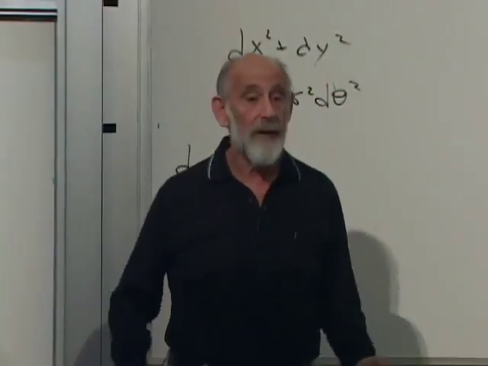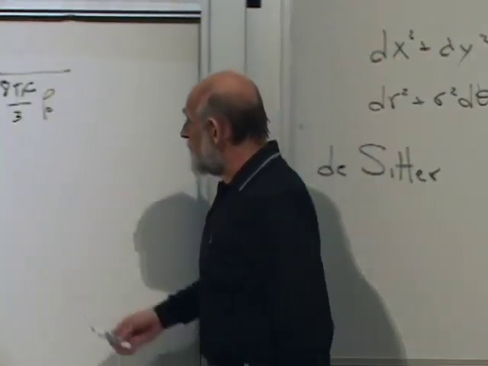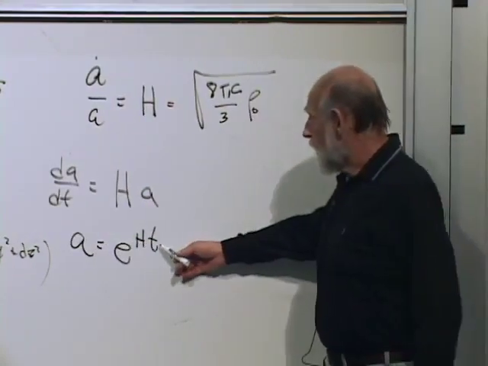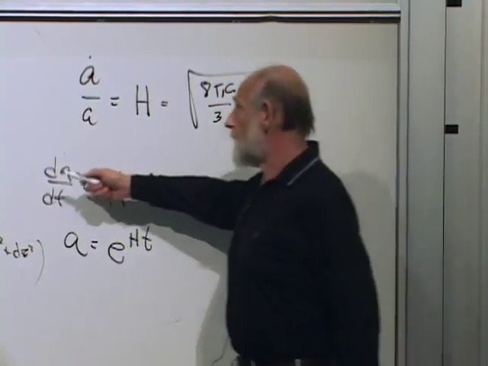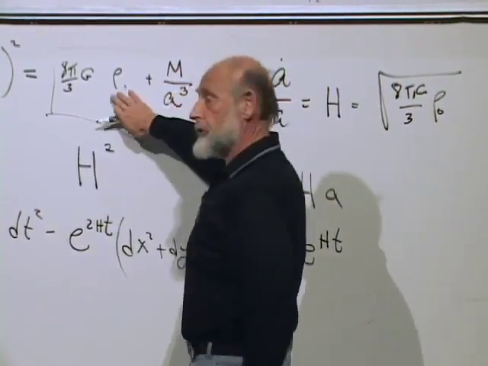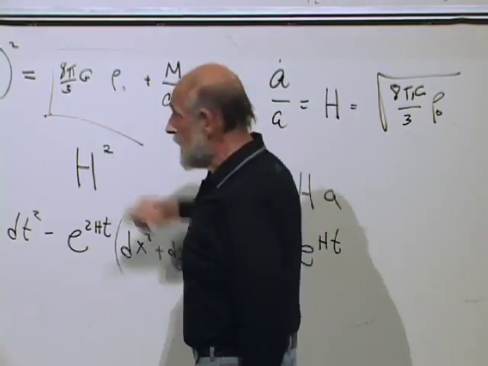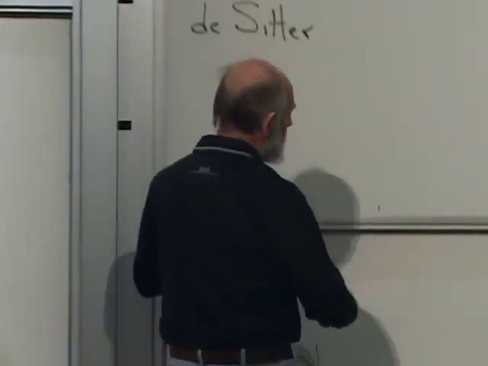It's an observed fact. Today, this is a correct description of our universe. Not quite, because there is some additional energy besides just the vacuum energy. So let me just remind you quickly what we know from observations.